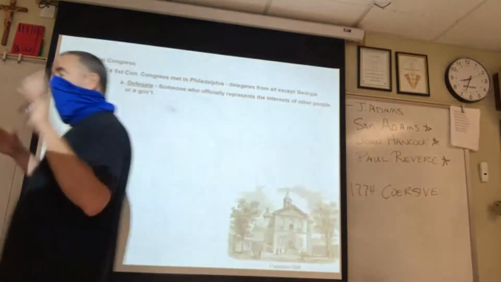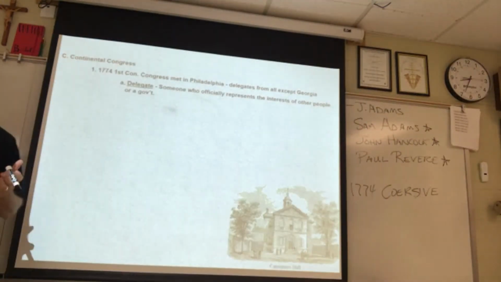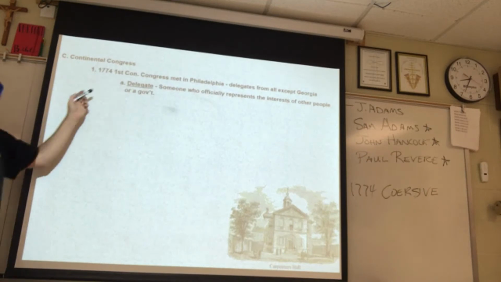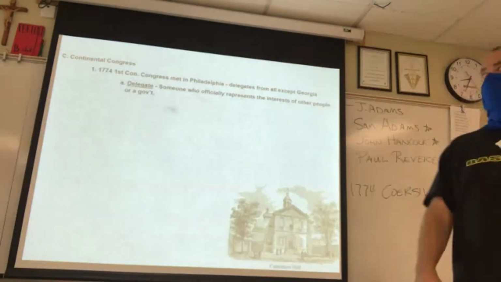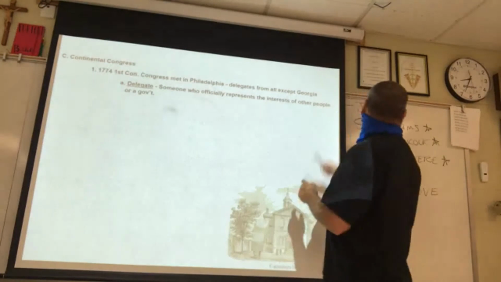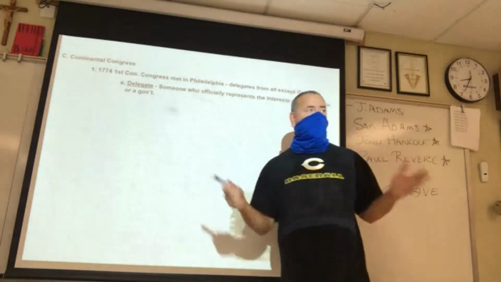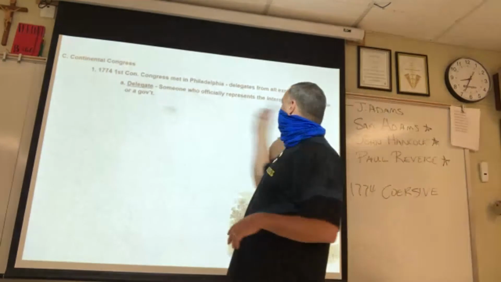Now all assemblies have been outlawed. They're not allowed to have assemblies, but they're going to do it anyway. So 12 of the 13 colonies are going to send delegates to Philadelphia for the First Continental Congress. A delegate is someone who officially represents.